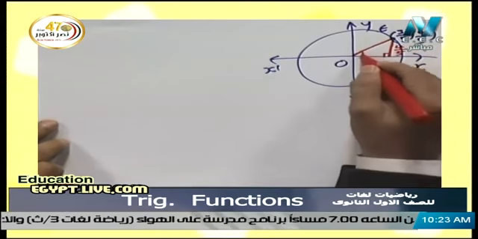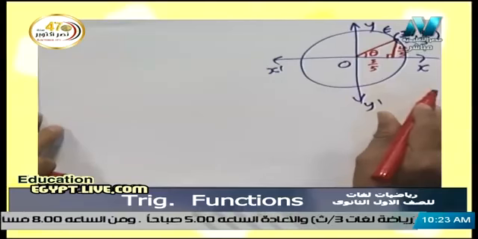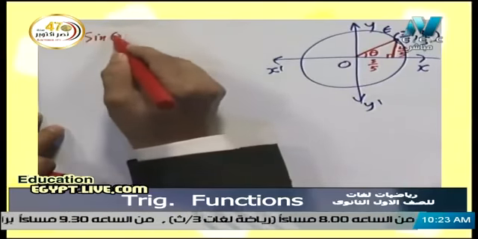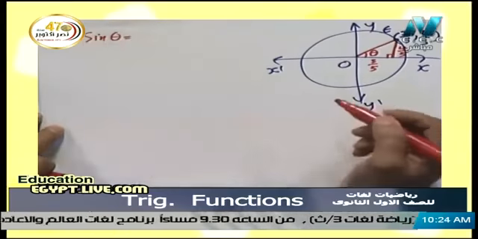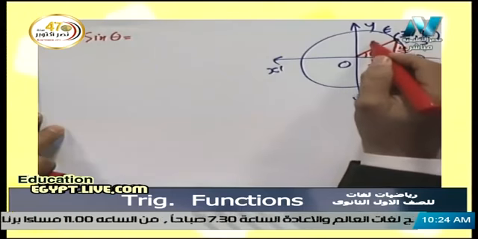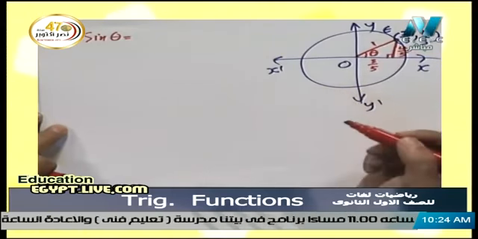Okay, and let's call this angle theta. So sine theta equals opposite over hypotenuse, which is 1. Okay, so it's 4 over 5.